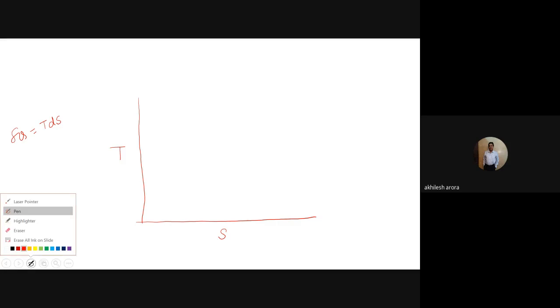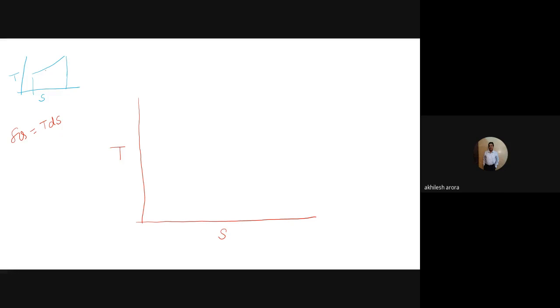Using this plot, I will tell you, we have discussed the heat transfer part, delta Q is equal to TdS. And I have told you that if I have a TS diagram like I am drawing here, then the area under this curve represents the heat supplied or heat rejected.